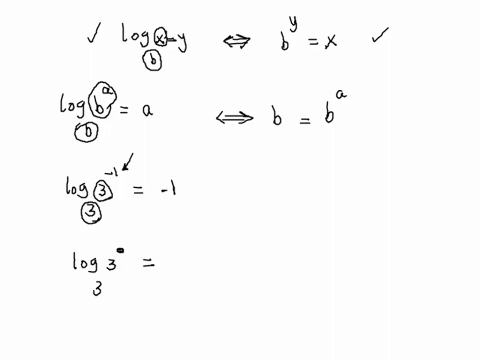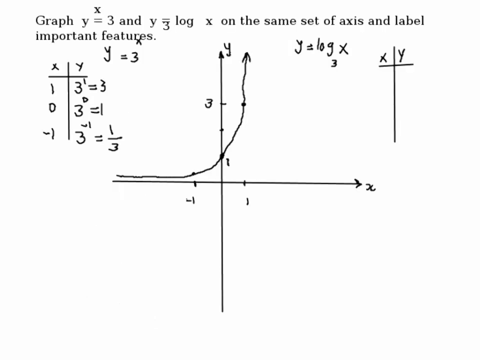This is 0, right? So again, if the base of the logarithm turns out to be the same as this number here, this whole thing would be equal to whatever number is right here. Let's take a look at another one. If I have log of 3 to the power of 2, what is that equal to? Just 2. There you go.